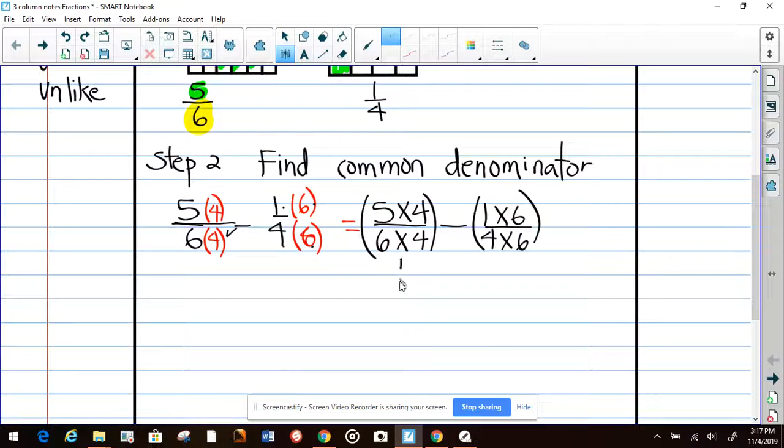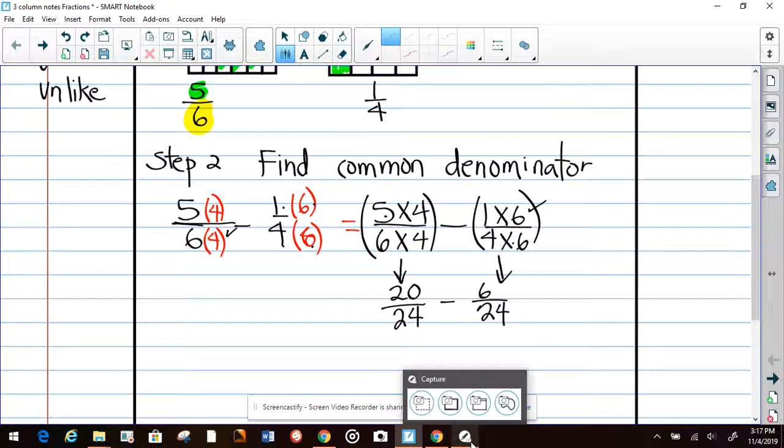So the numerator will be 5 times 4, that will equal 20. The denominator will be 6 times 4 equals 24. Minus 1 times 6, that will be 6, and 4 times 6 equals 24.